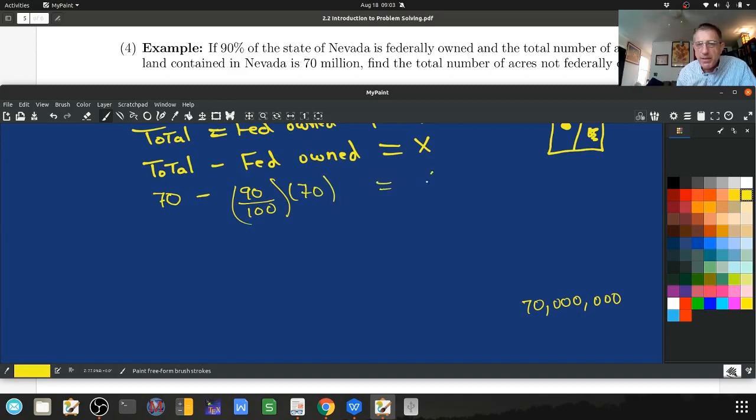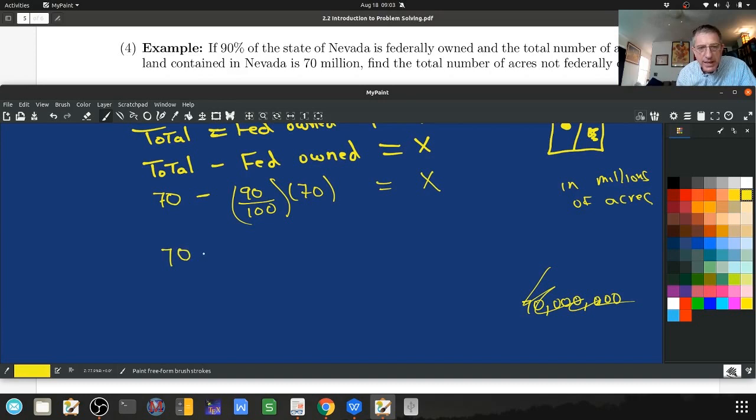So when I get my value X here, X will be in millions of acres. You don't want to do that. So 70 minus 90% of 70, well, that's not so bad.